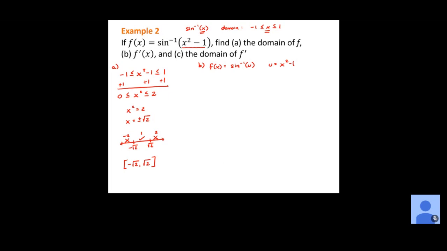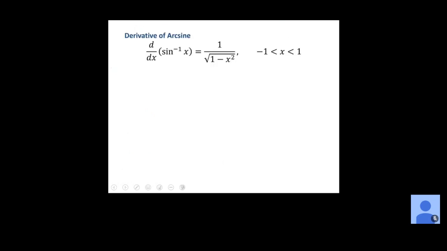All right, now, when we find f prime of x, this is where that formula comes in from the previous slides. This is going to give us 1 over the square root of 1 minus u squared, and because it's a chain rule, we have to multiply by u prime.